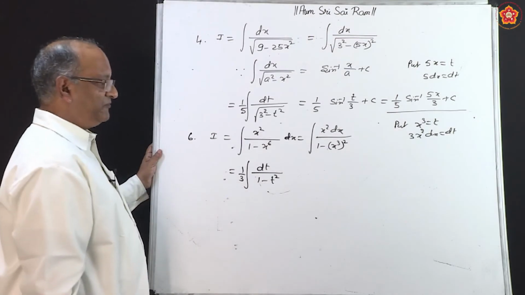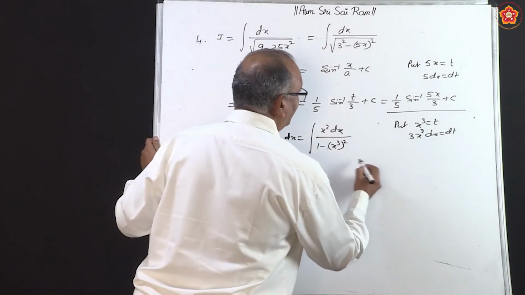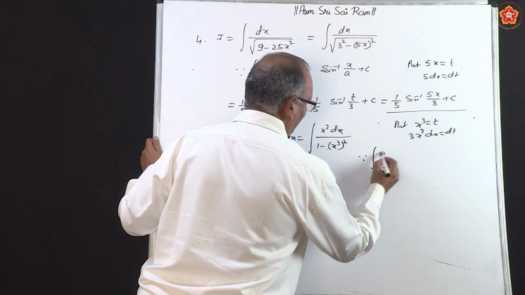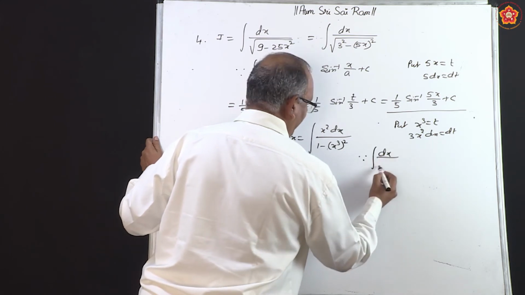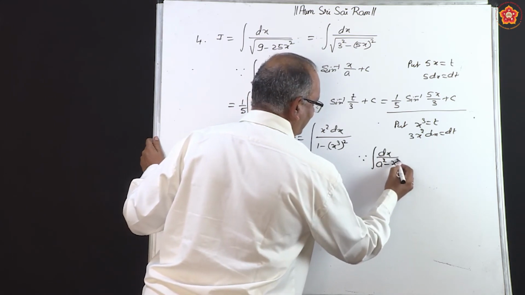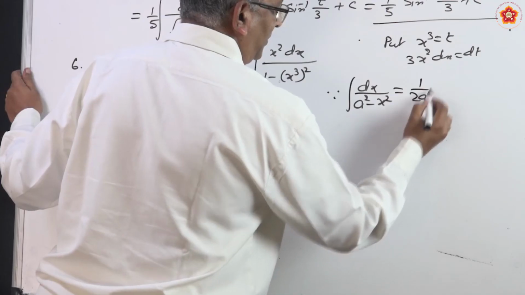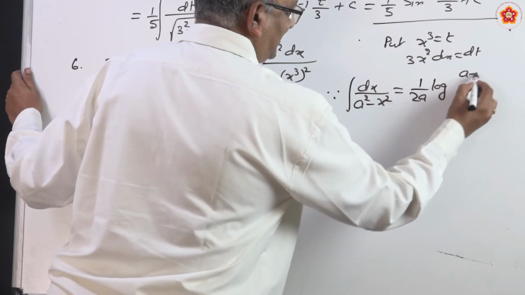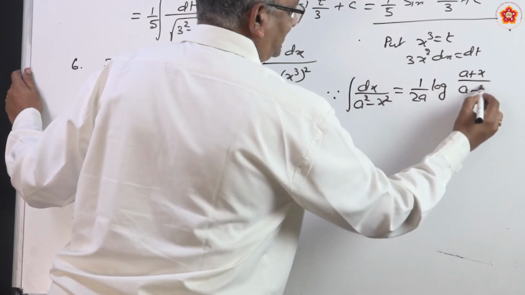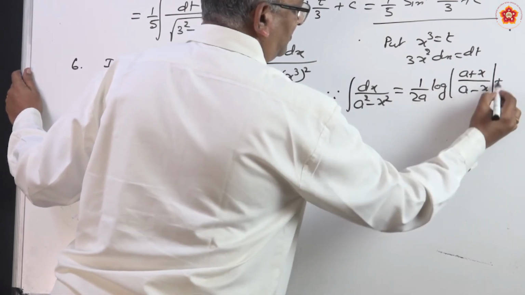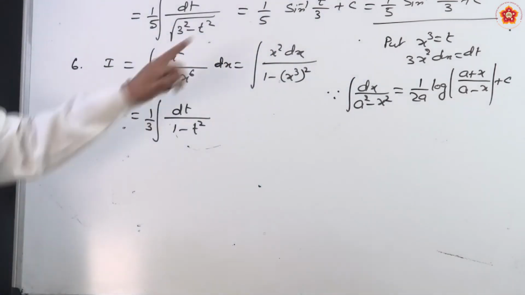And then recollect the formula. What is the formula? We have learnt integral of dx upon a square minus x square is equal to 1 by 2a log of (a plus x) by (a minus x) plus c. Use that formula here.